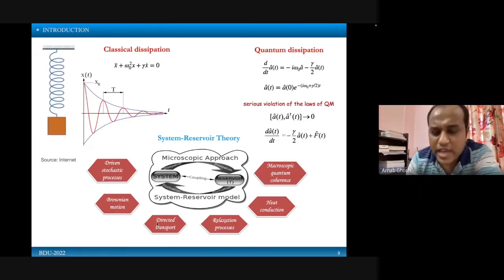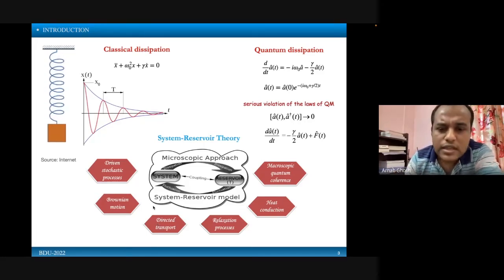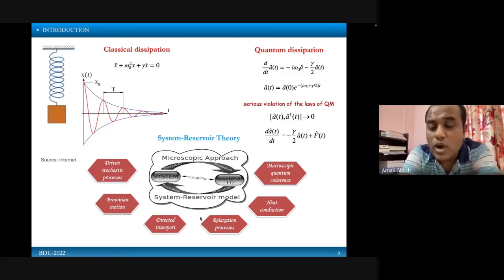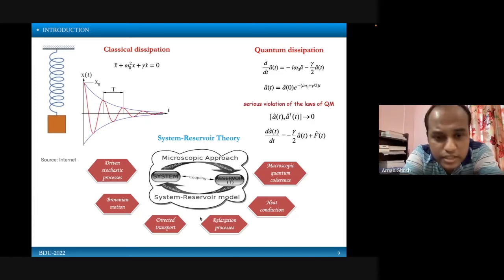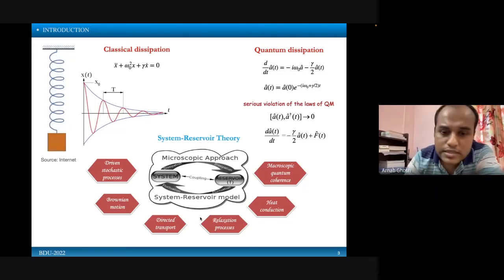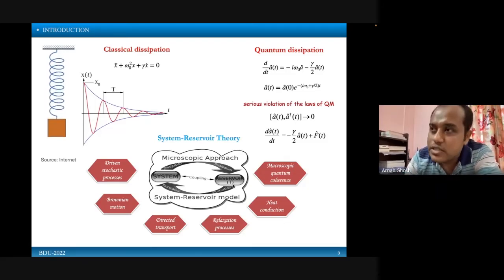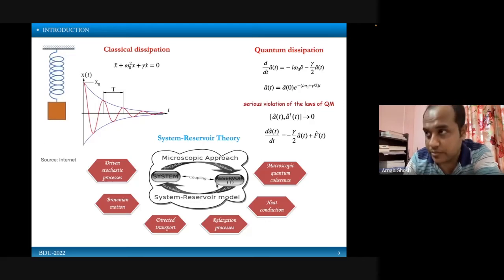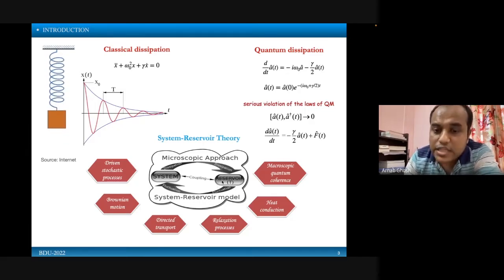In my PhD, I also worked on some of these topics, particularly relaxation processes in quantum optics and reaction rate theory. But in most situations in this system-reservoir model, the coupling between the system and the reservoir is taken to be linear, and this gives rise to linear damping.